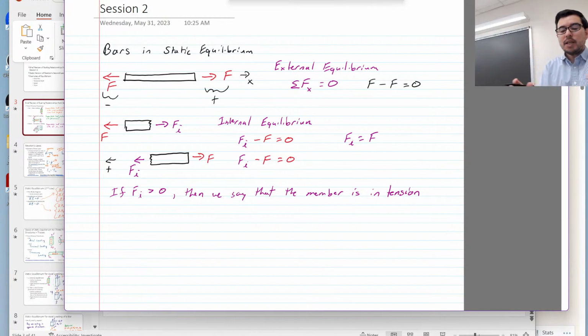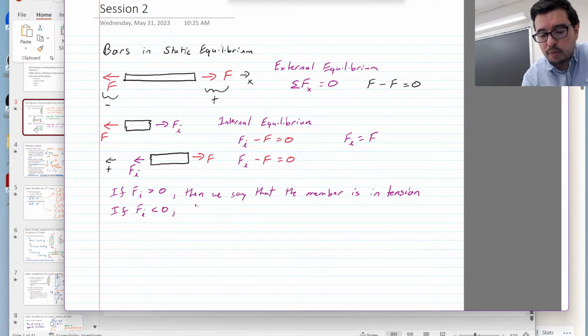And so you have a chance to look at this in different scenarios with multiple loads for the problems on a single bar. And of course, if Fi is less than 0, then we say that the member is in compression.